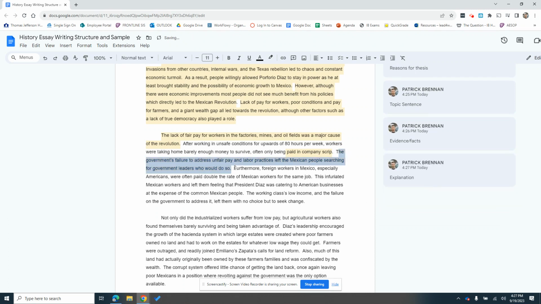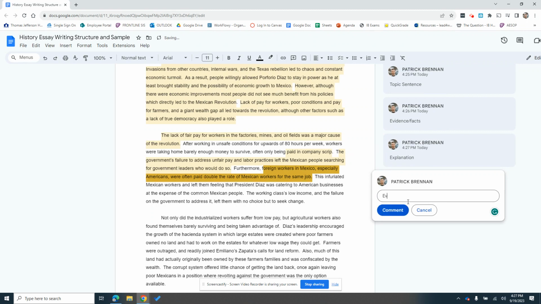Repeat the pattern. Furthermore, foreign workers in Mexico, especially Americans, were often paid double the rate of Mexican workers for the same job. So again, this is a fact. Can't argue about how much money somebody was being paid. They're being paid a certain amount. It's double the rate of Mexican workers. This is again evidence or facts.